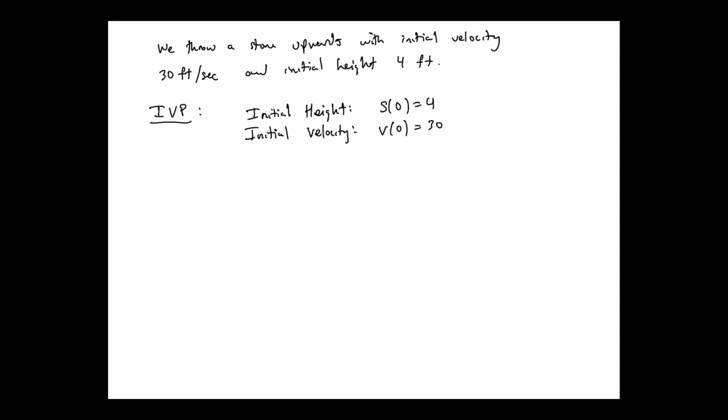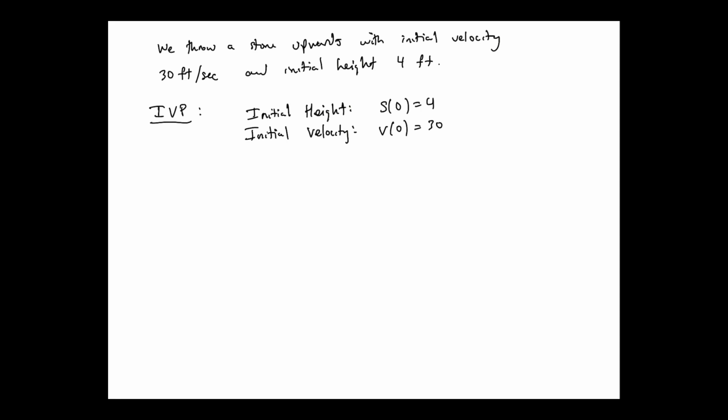We throw it from 4 feet off the ground. And the initial velocity is 30 feet per second. So those are our two initial values.